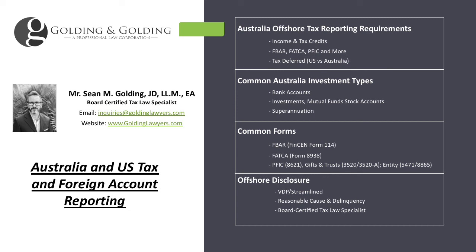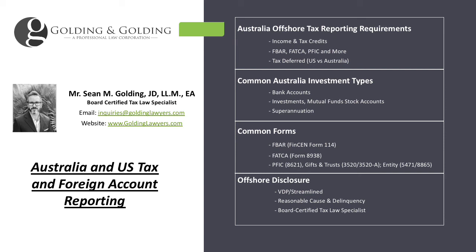For Form 3520A, you have to use a separate Form 7004, whereas for the Form 3520, you generally just use what you would use to extend your regular 1040, which is a Form 4868. There's also entity reporting, if you have a private limited or other types of entities, partnerships: you've got a Form 5471, 8865.